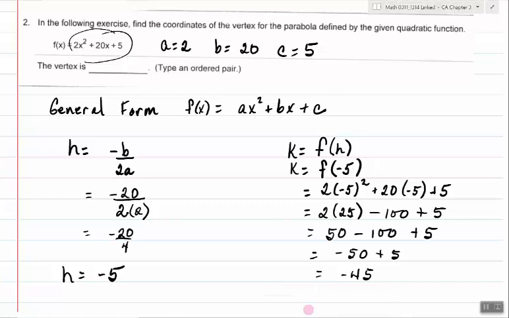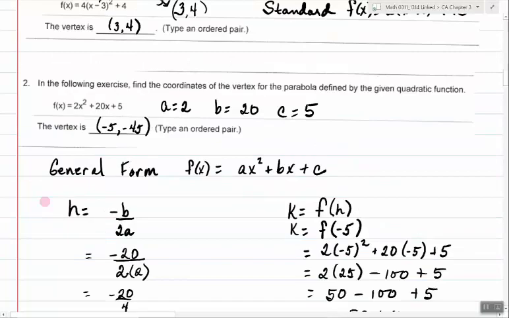The answer to this question now, the vertex is the point, and it is a point, use ordered pair, parentheses, negative 5, comma, negative 45. In this case, it's opening upward because that's positive, so this must be the minimum.